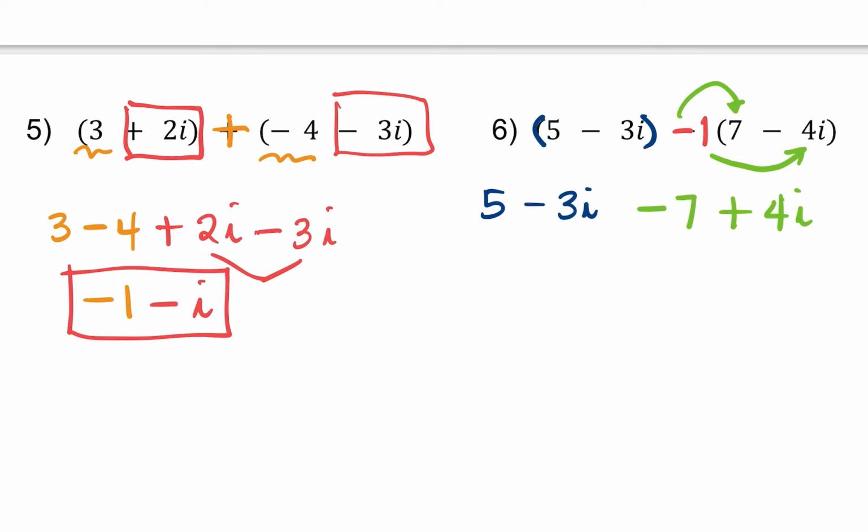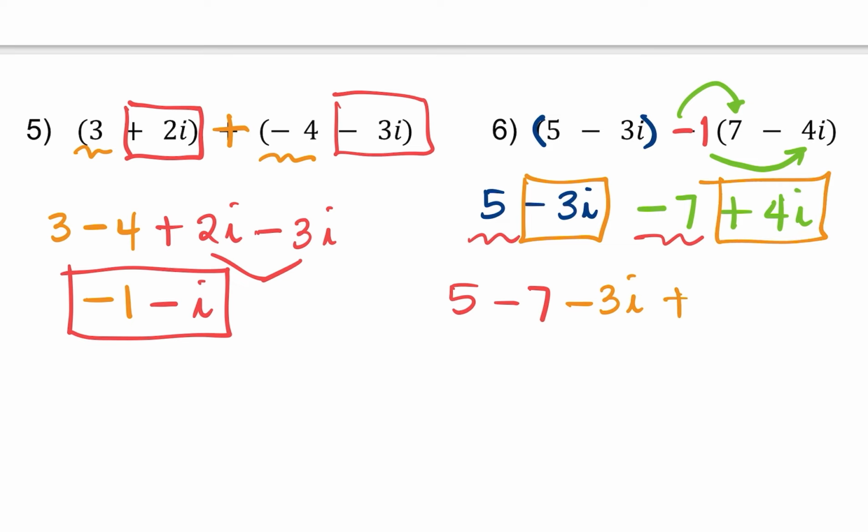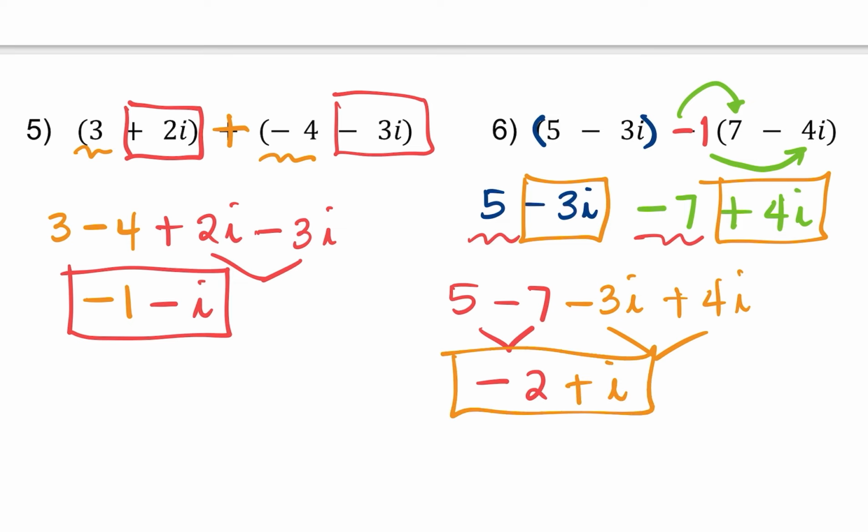So I'm looking at positive 5 and negative 7. So when you drop it down, it's going to be exactly the same operation. And now we have negative 3i and a positive 4i. Let's combine. We have negative 2, and this would give us positive i. So plus i. And here is our final answer.